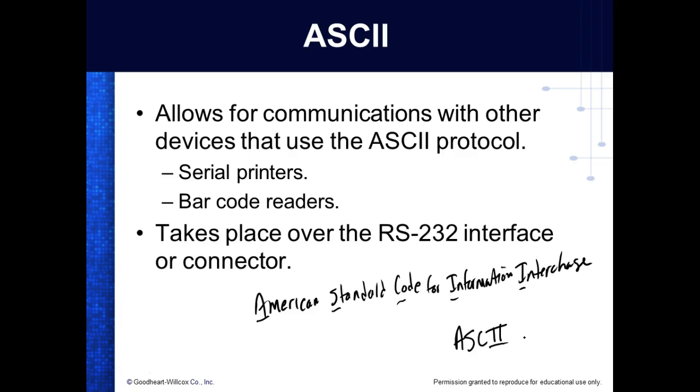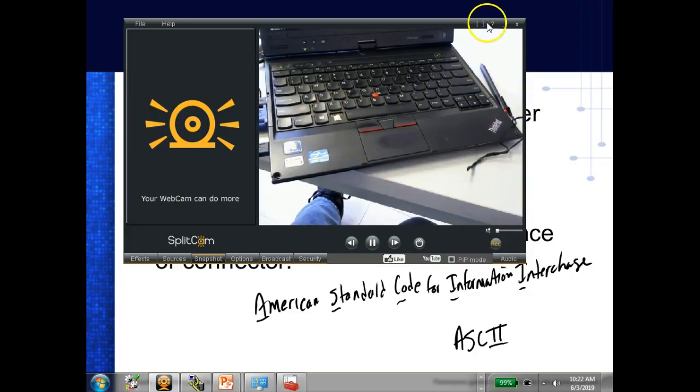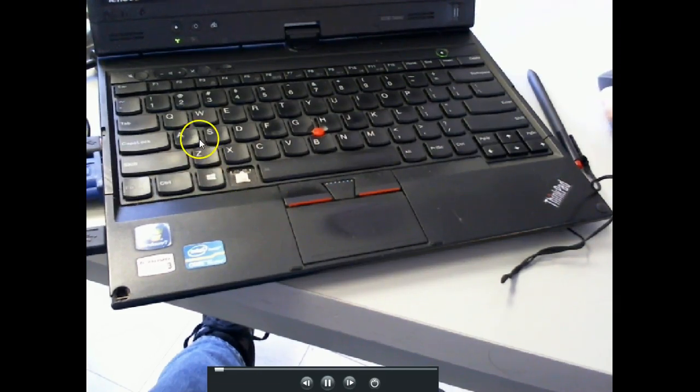It's ASCII. And all this is because the computer only deals with ones and zeros. So if I was going to communicate with it in its language, the only thing on my keyboard would be ones and zeros. But when I look at my keyboard, I have all these letters.